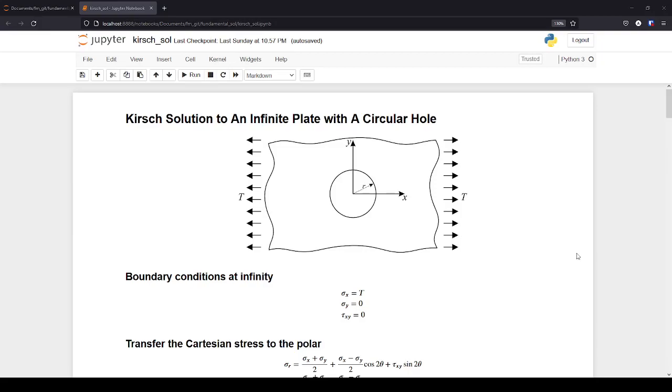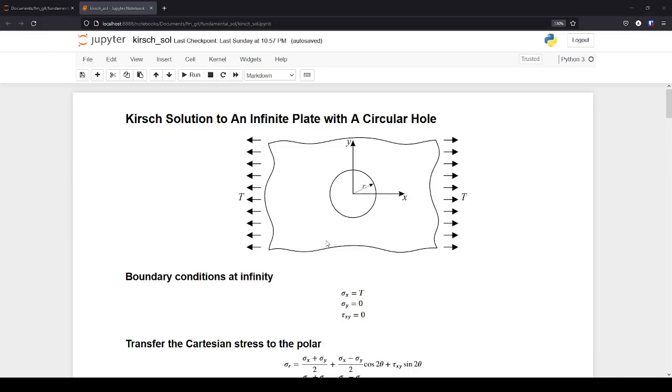So let's get started with the Kirsch Solution to an infinite plate with a circular hole. So basically, if you have a domain without any irregularity or any kind of hole here, let's say, you know that the stress is uniformly distributed through the domain. So if it is under uniaxial loading, you will have this uniaxial tension all over the domain.